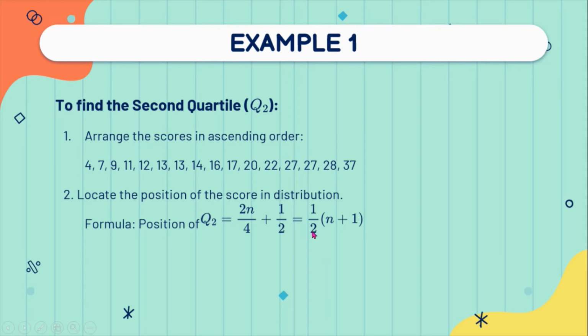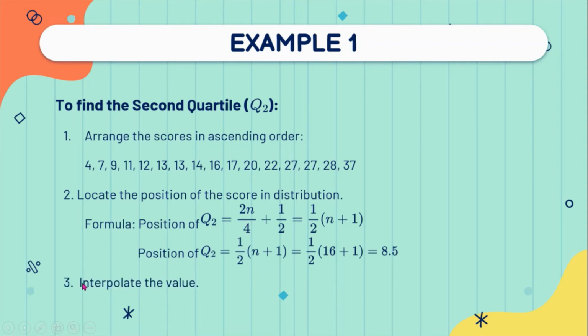So that is just 1/2 times the quantity n plus 1. Here in finding the position of quartile 2, that is 1/2 times n plus 1, which is 1/2 times 16, since the number of scores here is 16, plus 1, and that is 8.5. You just have to substitute the value of k, which is equal to 2, and the value of n, which is equal to 16, and you will get 8.5 using this formula.